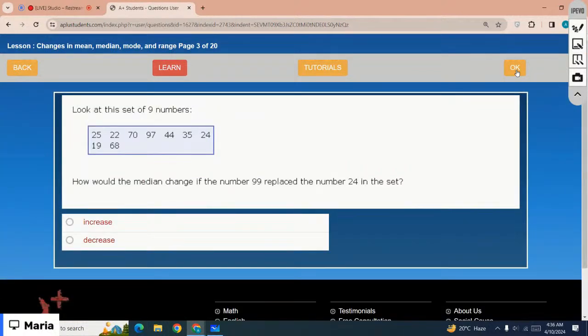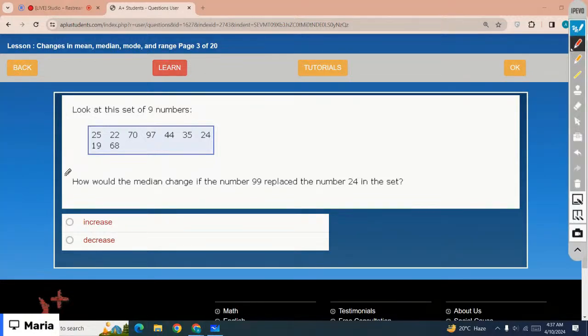Look at the set of 9 numbers. How would the median change if you replace 99 by the number 24 in the set? Okay, 99 is replaced by 24.